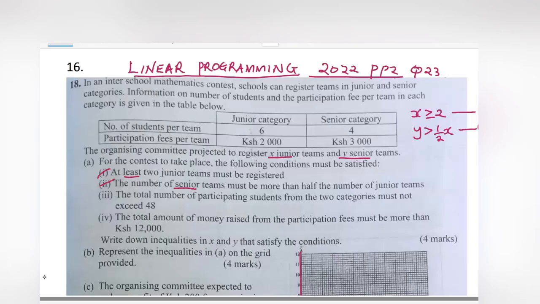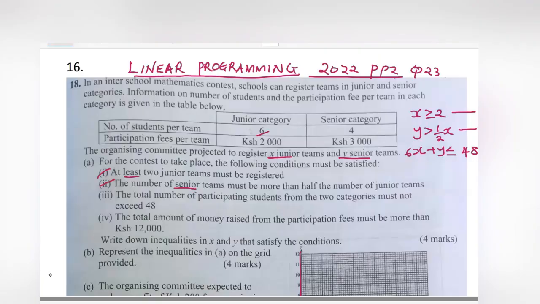3. The total number of participating students from the two categories must not exceed 48. That means it must be less or equal to 48. But remember, from the junior category we have 6 times the number of teams, which is X, and therefore we are going to have 6X.